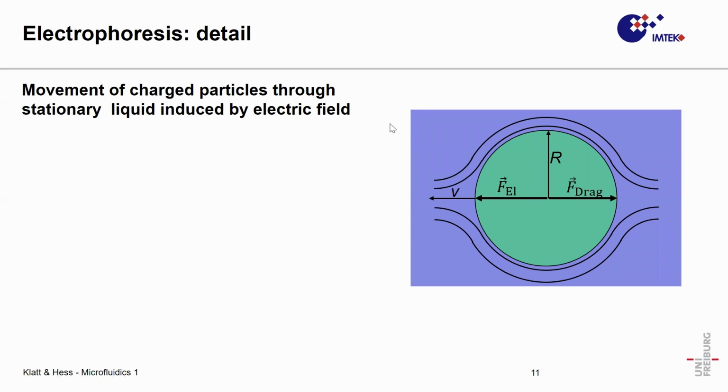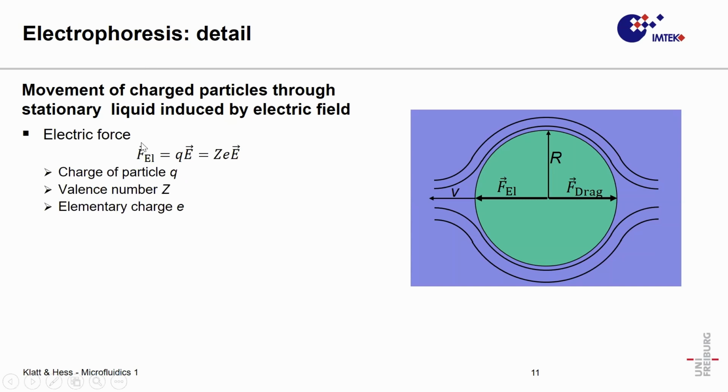And you should by now be able to describe both of these forces. The electric force, as seen at the start of this lecture, can be described by the charge of the particle times the electric field. And the charge of the particle depends on the valence number z and the elementary charge e, which is a constant.